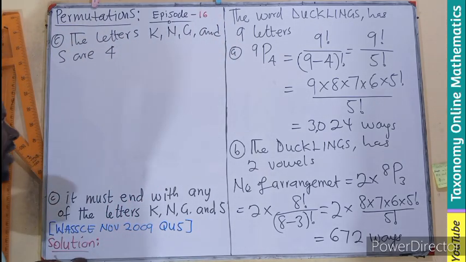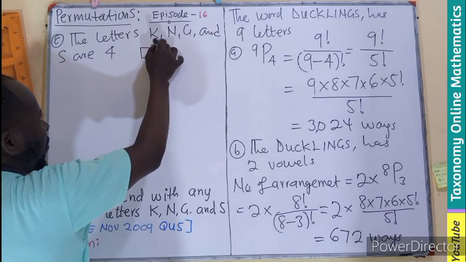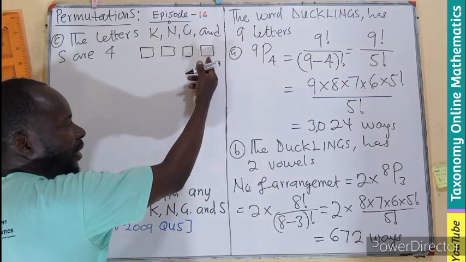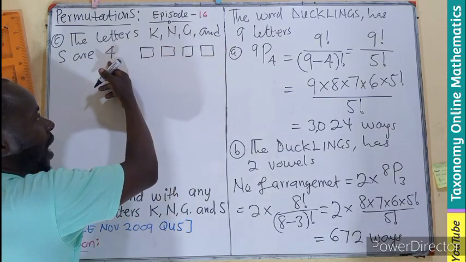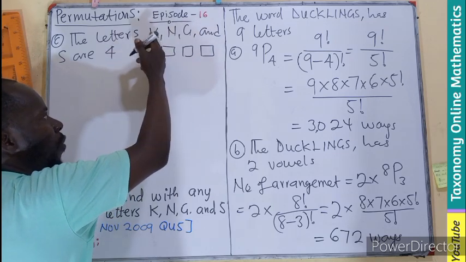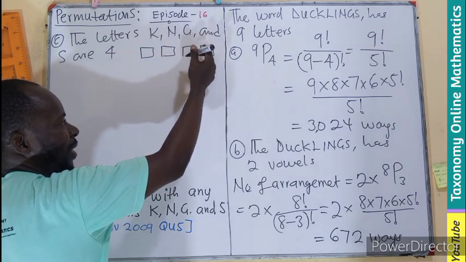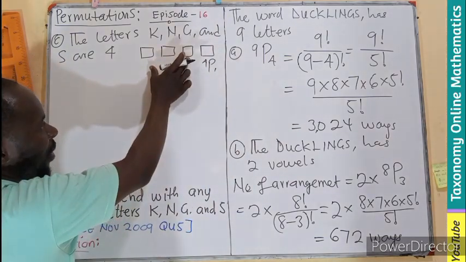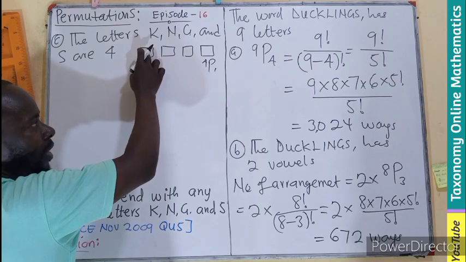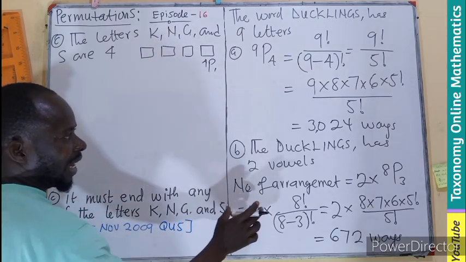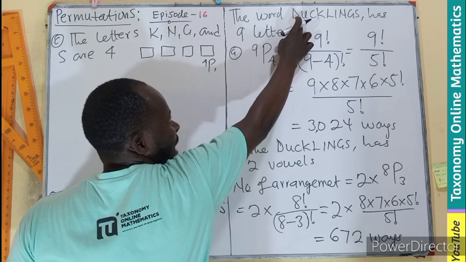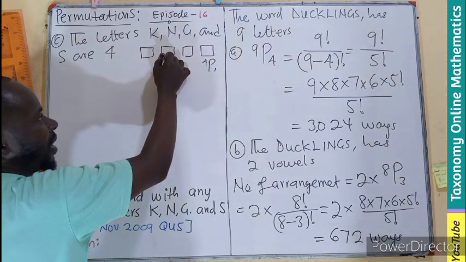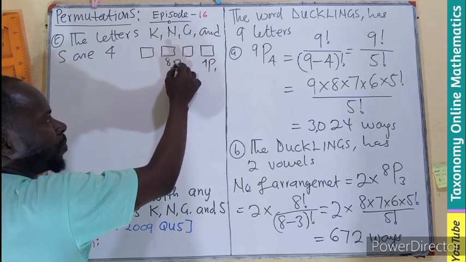How many are they? 4. So if I am to have this, remember multiplication is commutative, I am paying attention to the ending. In these options, I have 4 items to pick from, 1 at a time. That is 4 permutation 1, at the ending part. Then I'll be left with 3 positions to be selected from the 9 letters. But if one of them is selected already, you'll be left with 8 options, then selecting 3.